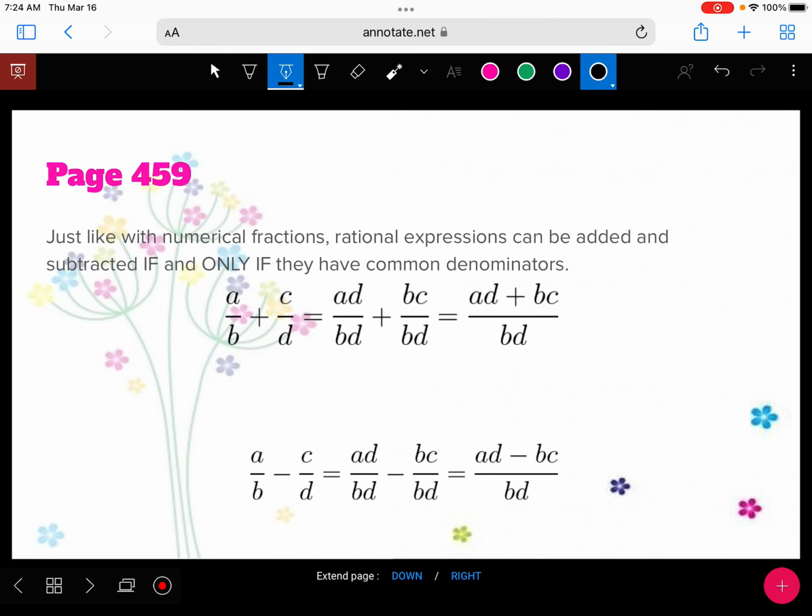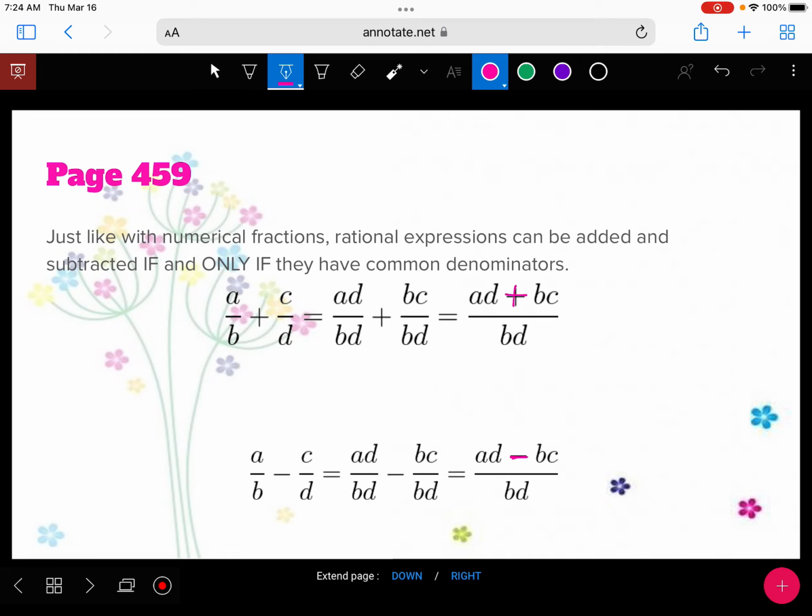So go pick up the notes page if you don't have it. And all this says is this is fancy schmancy talk for get a common denominator. And then you can add the numerators, or you could subtract the numerators.